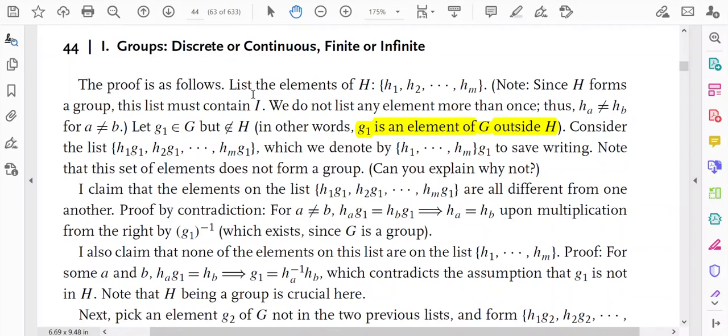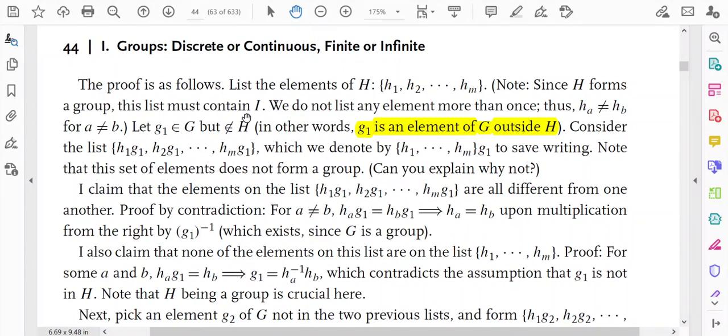At first we list the elements of capital H. We name them H1, H2, H3, in this way up to Hm. It has a total of m elements, and we have to note that since H forms a group, this list must contain I, the identity element, because this is a requirement for forming a group.